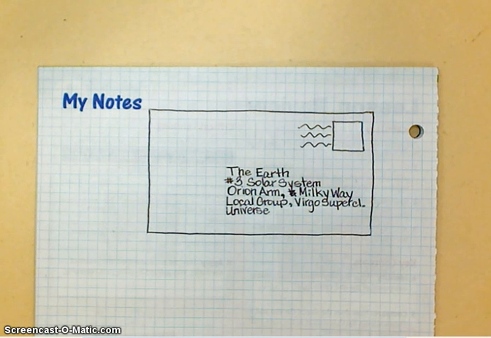So the Earth, number 3 solar system, Orion arm, Milky Way, local group, Virgo supercluster, universe.